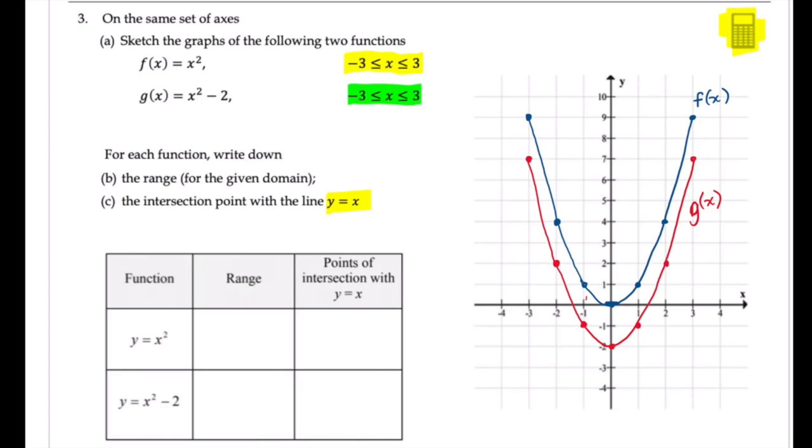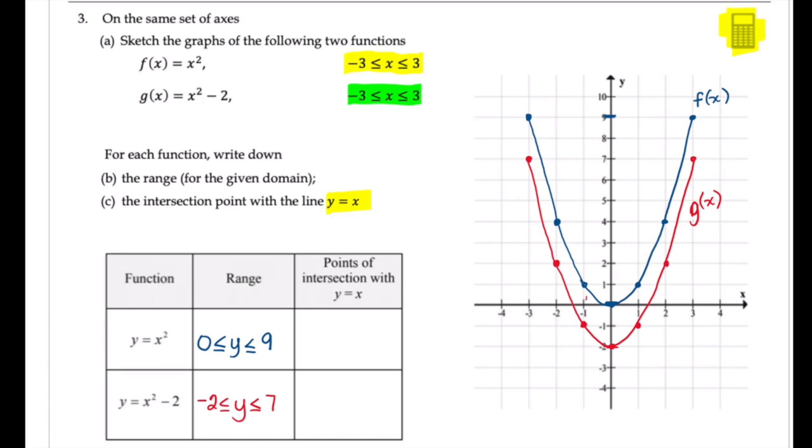In this case, that would be 0. And it goes all the way to 9. So 0 is included, goes all the way to 9. For my g of x function, the minimum point is at -2 and goes all the way to 7. So that is the range of the given functions.